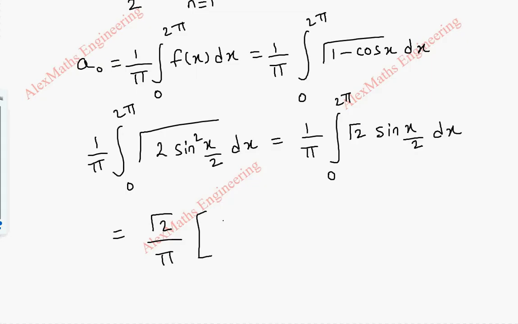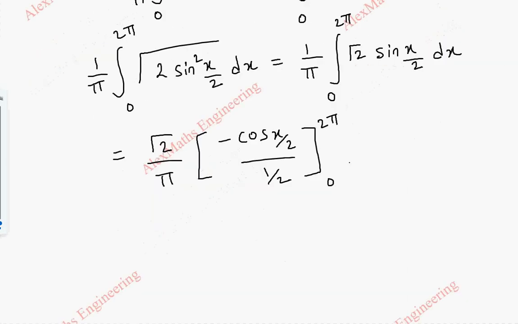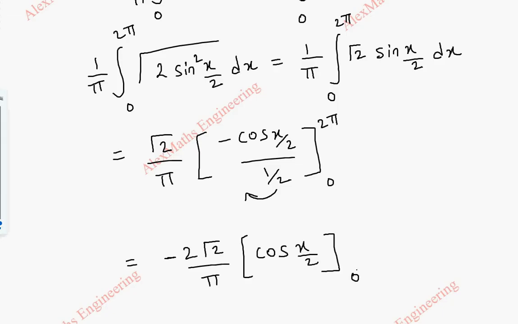Integration of sin x by 2 is minus cos x by 2 divided by 1 by 2, and we have the limit 0 to 2 pi. And this 2 will be carried to the numerator. So 2 root 2 by pi, and we can take the minus sign here. So we are left with only cos x by 2, and I have to apply the limit 0 to 2 pi.